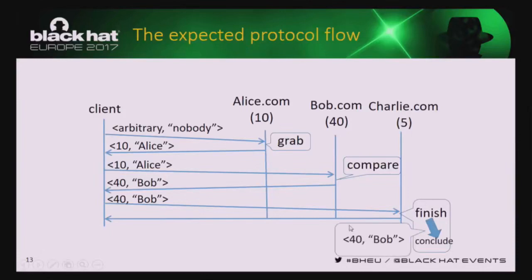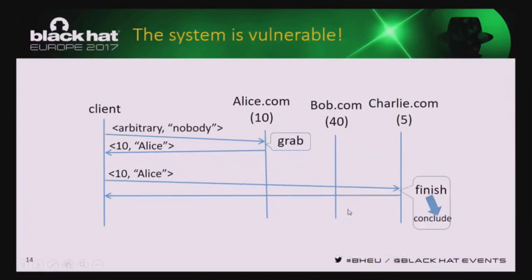And in this case, if this is the execution, indeed we get 40 Bob, which is correct because 40 is the greatest integer here. But the system is actually vulnerable because the client can call grab and directly call finish. In this case, the result will be 10 Alice, which is incorrect.